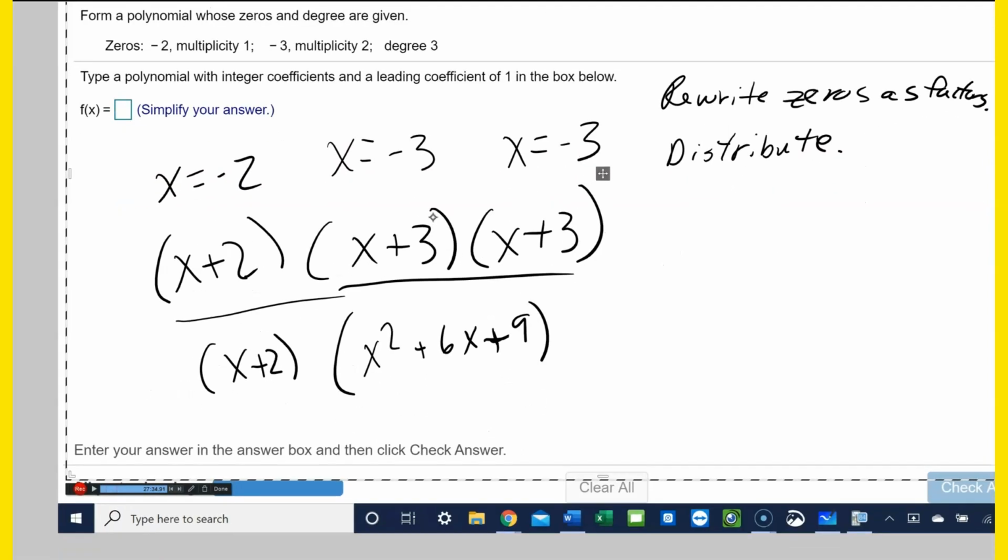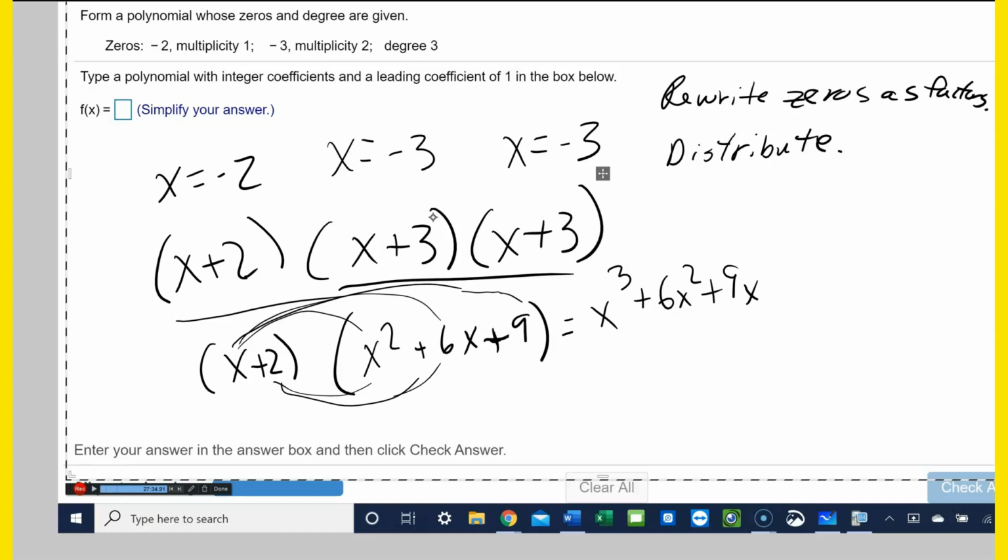So I've got to distribute it like that, right? It's going to be x cubed plus 6x squared plus 9x. Then I distribute the 2 like that, so it's going to be plus 2x squared plus 12x plus 18.